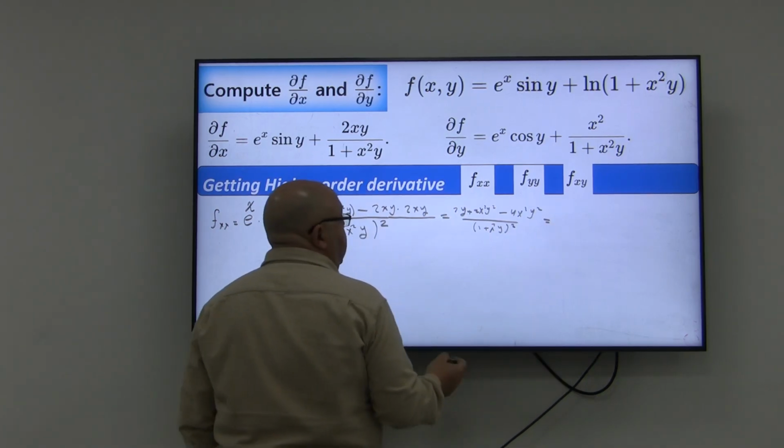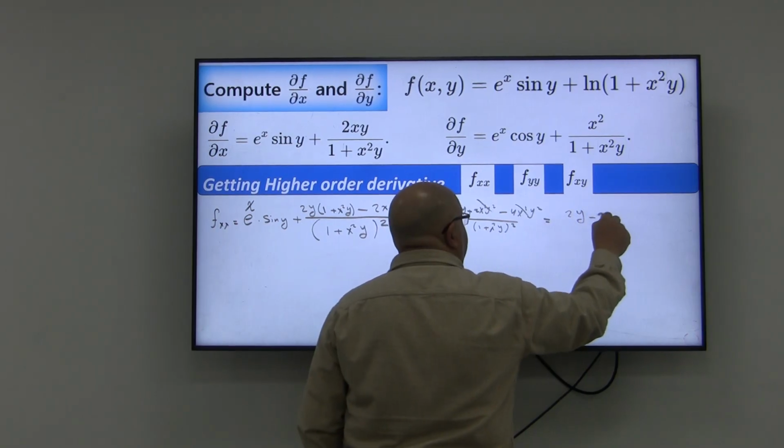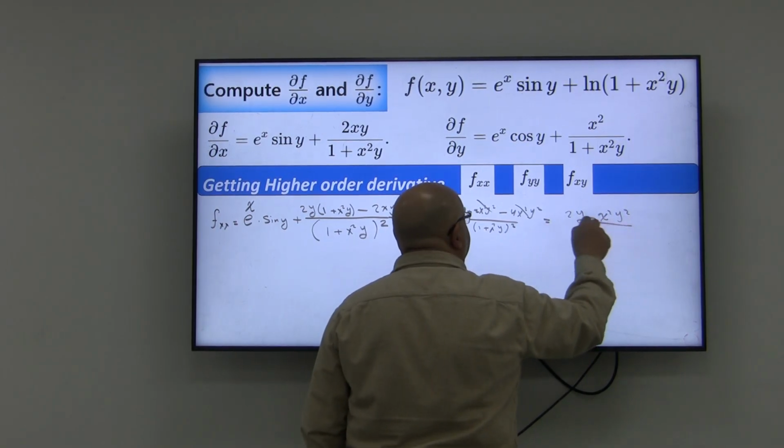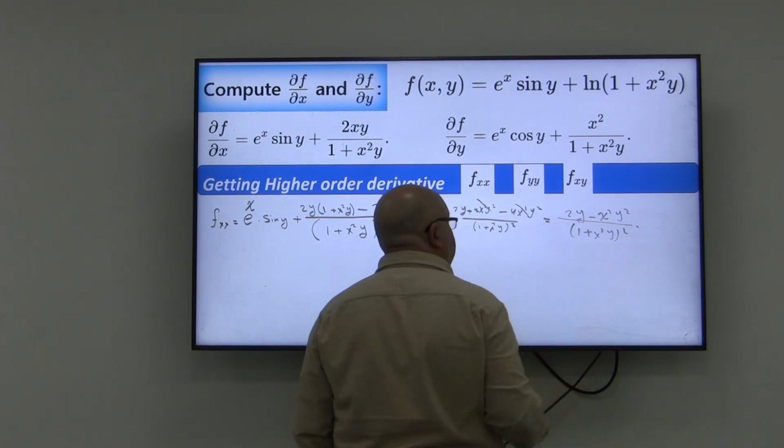Then I can eliminate these together, so you will have 2y minus x squared y squared divided by 1 plus x squared y to the power of 2, as you can see.